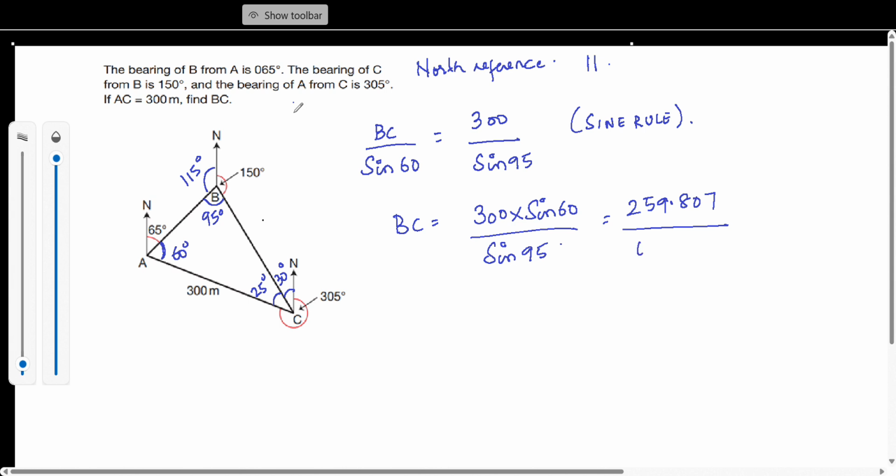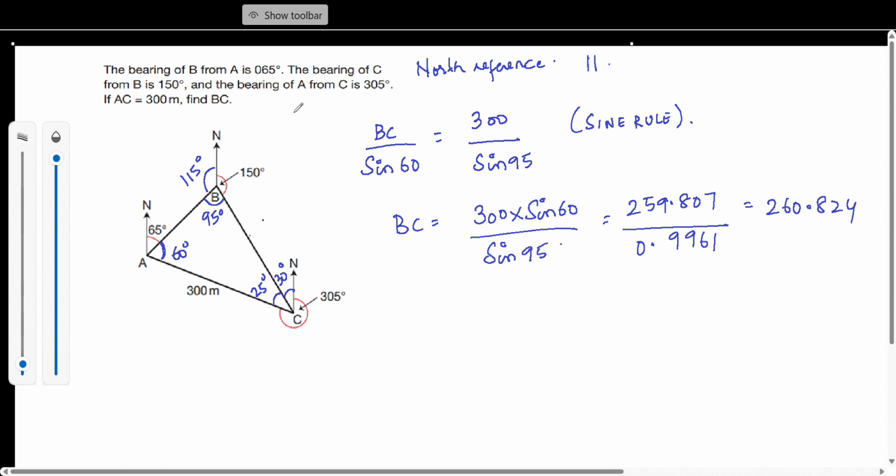Sine 95 is 0.9961. So now dividing these two, we get 260.824.